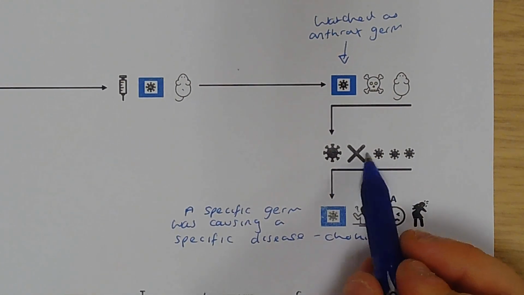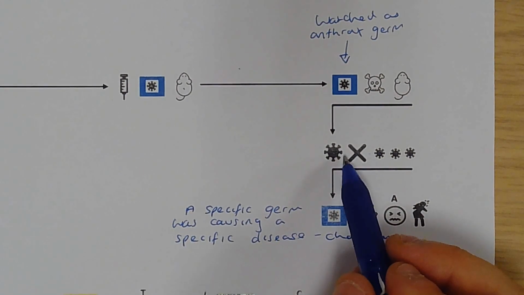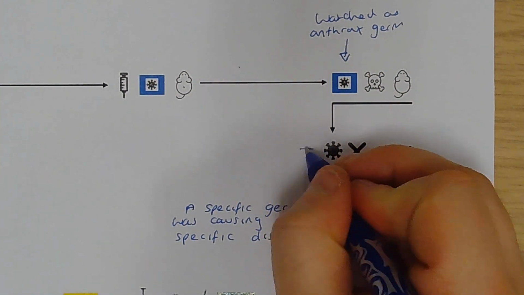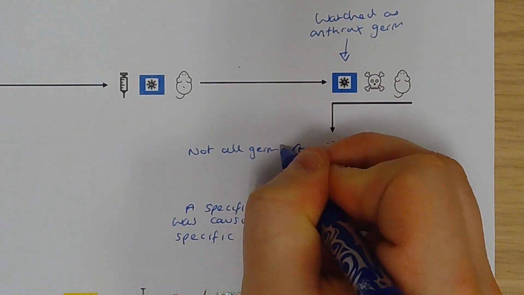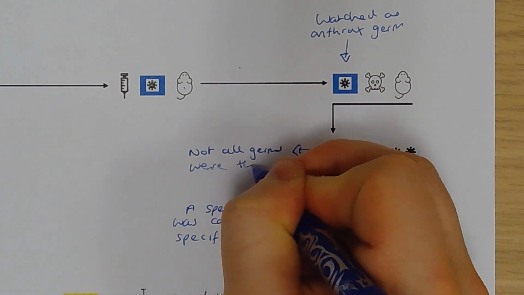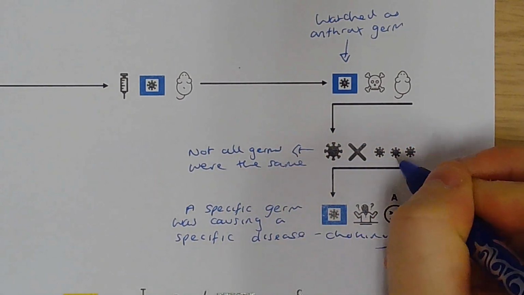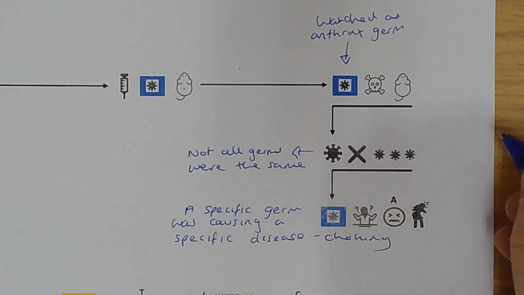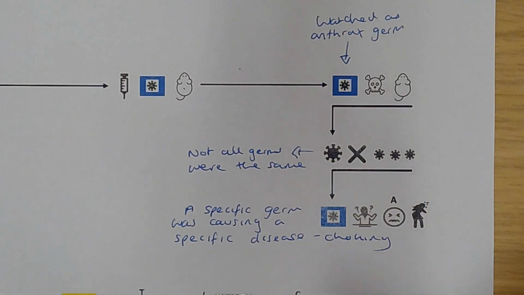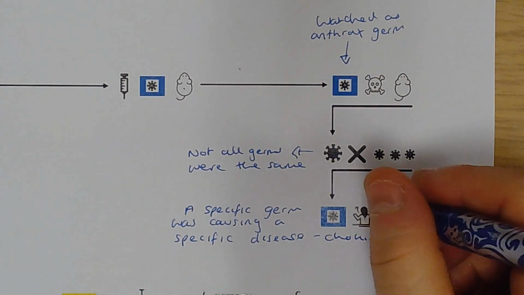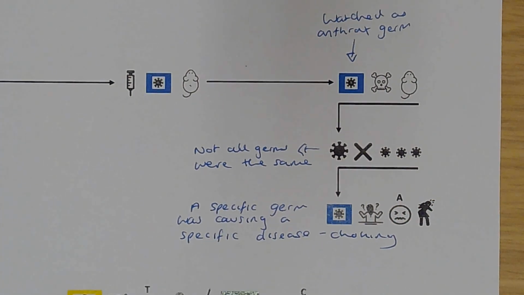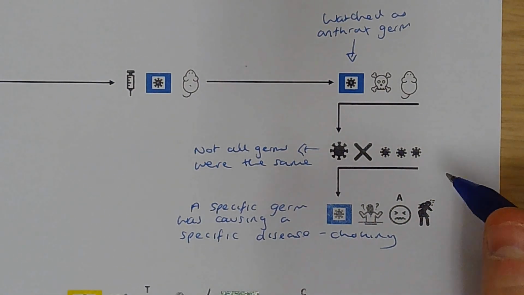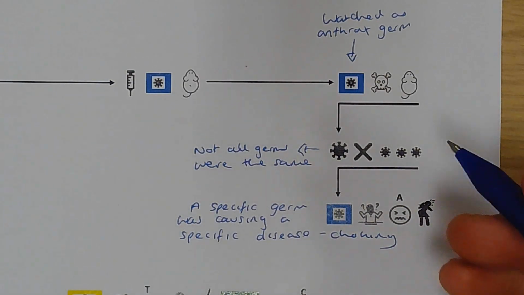And this meant that he realised that not all germs were the same. Because remember, Pasteur had believed that germs cause disease, but he didn't distinguish from germ to germ. Whereas Koch now realises that all germs were different.